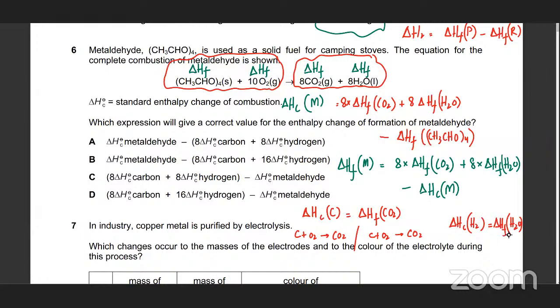So this is the expression that we have reached so far, and we're going to modify it. We're going to substitute the enthalpy of formation of carbon dioxide with the enthalpy of combustion of carbon. So it's 8 times enthalpy of combustion of carbon plus 8 times enthalpy of combustion of hydrogen minus the enthalpy of combustion of metaldehyde.